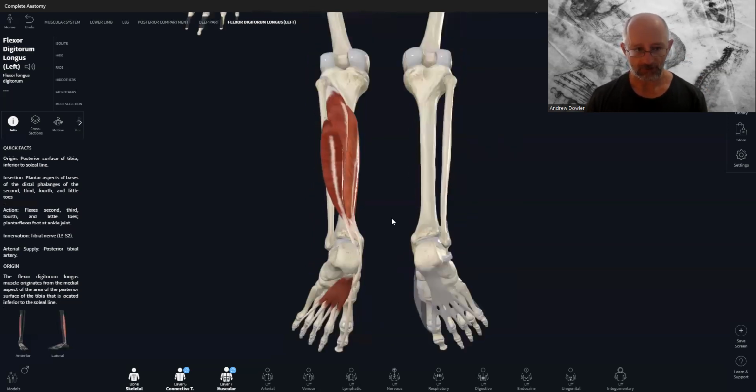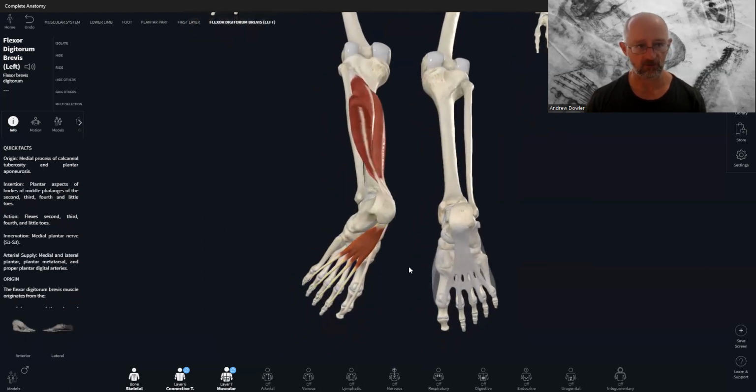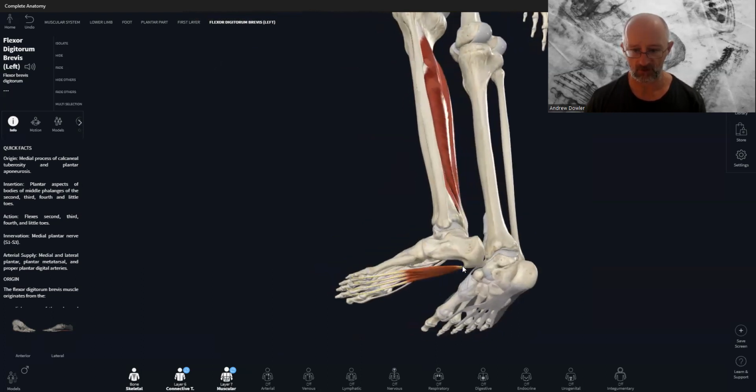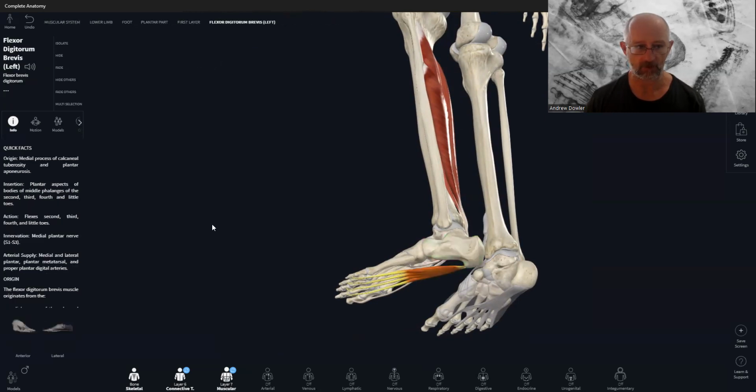We also have this little bad boy underneath the foot. This is Flexor Digitorum brevis. So this bad boy attaches to the calcaneus, that's the heel bone there. If we look at the attachment point, medial process of the calcaneal tuberosity and plantar aponeurosis.